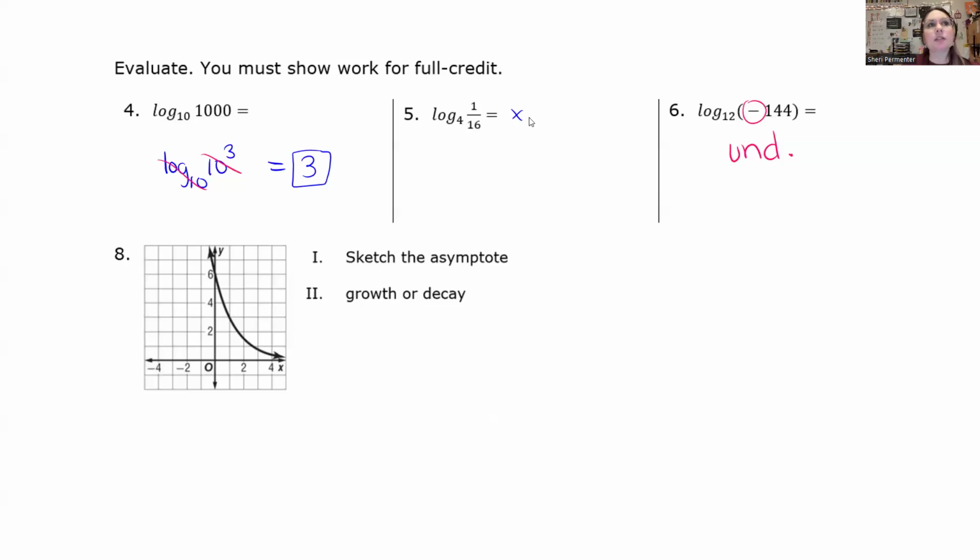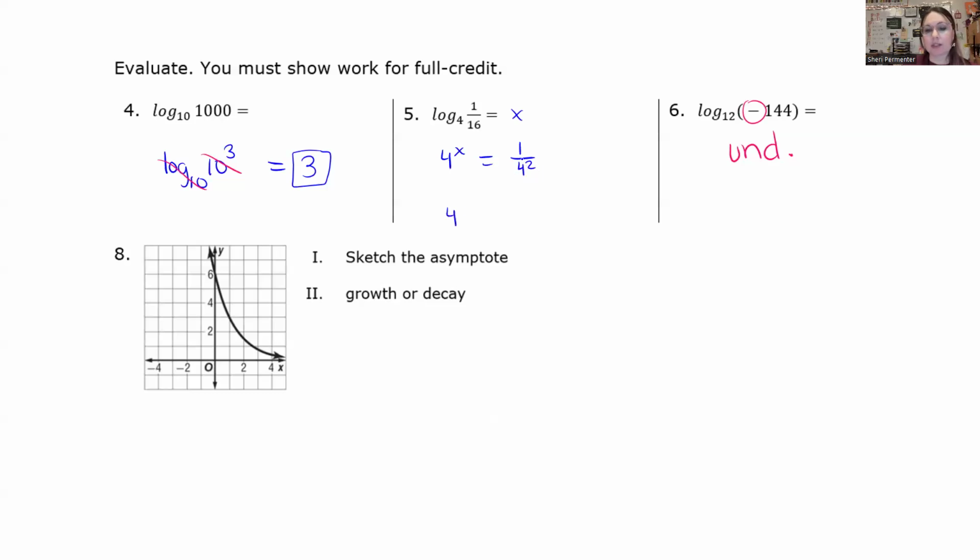So I'm going to say 4 to some power is equal to 1 over 16. But instead of writing 1 over 16, I'm going to write 4 to the second power, because we already just talked about that 16 is the same thing as 4 squared. To get the 4 out of the denominator, I have to rewrite it, and the exponent becomes negative.